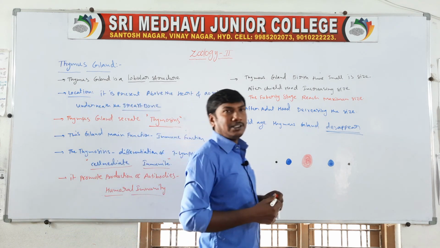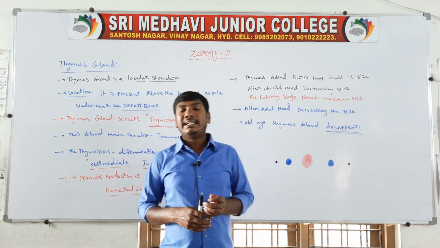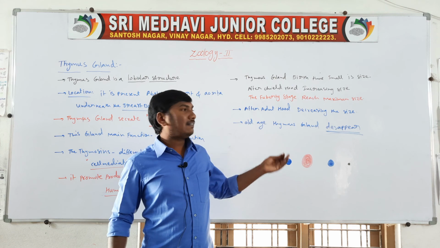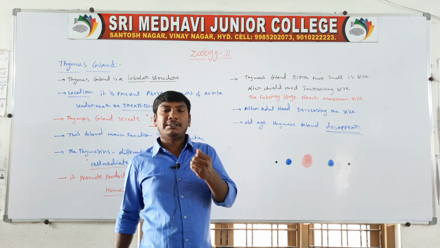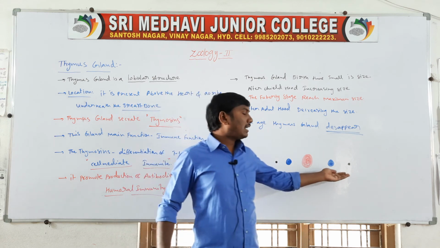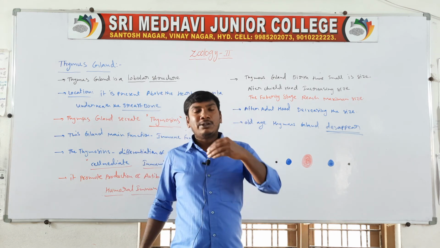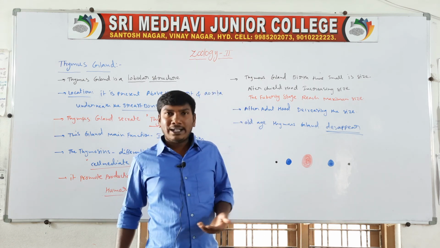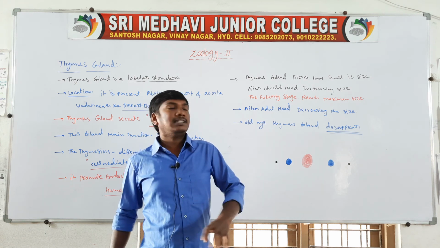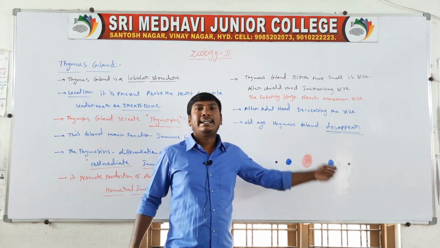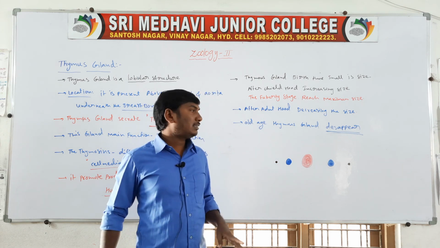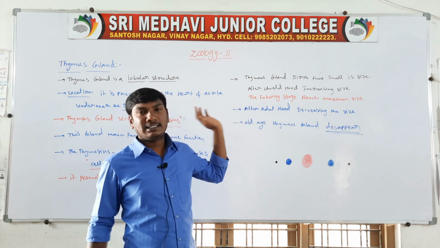Old aged people are easily affected by diseases because the thymus gland function stops. The thymus gland's main function is immune function, so when it disappears there is no immune function.